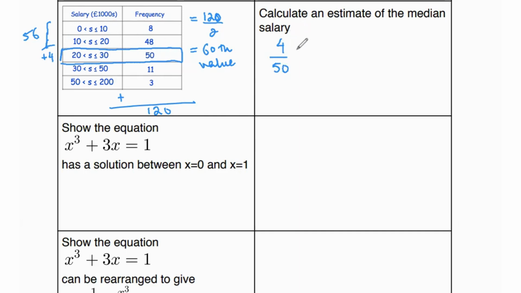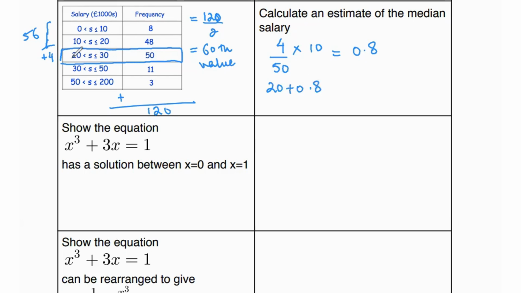So 4 over 50 times 10. Why times 10? Because the interval width between 20 and 30 is 10. So 4 over 50 times 10 is 0.8. This 0.8 will be added to 20, because the interval starts from 20.